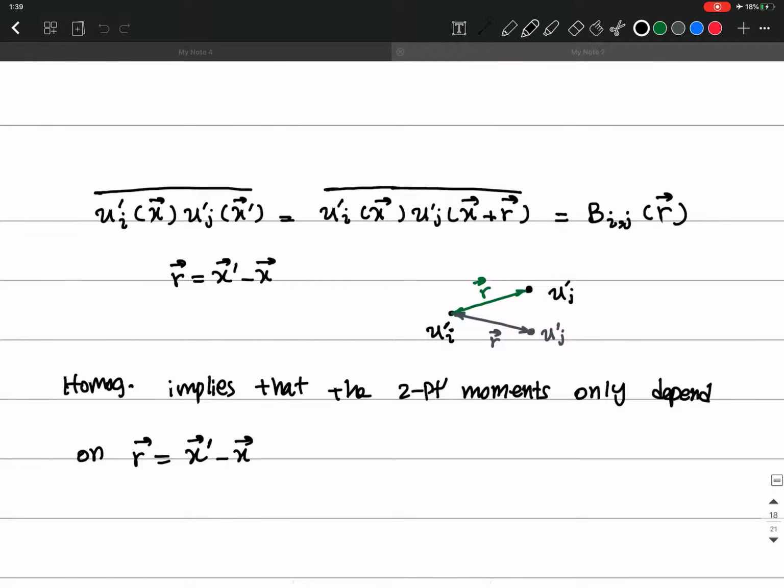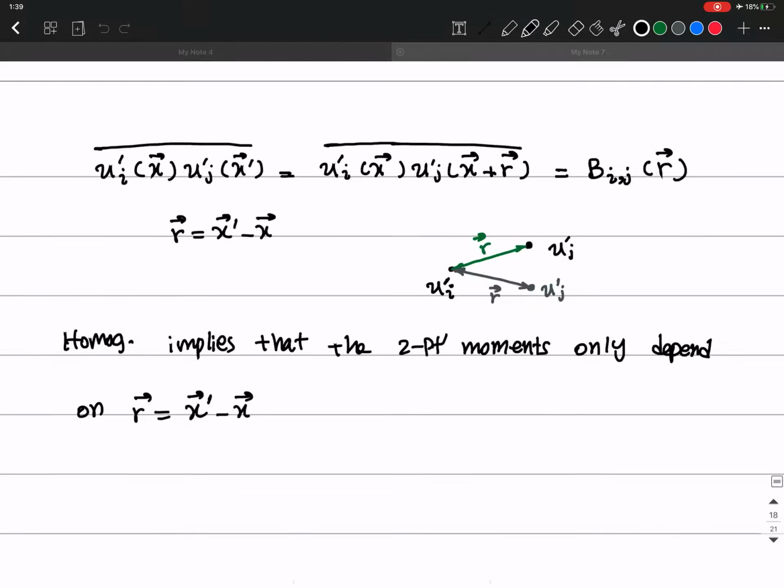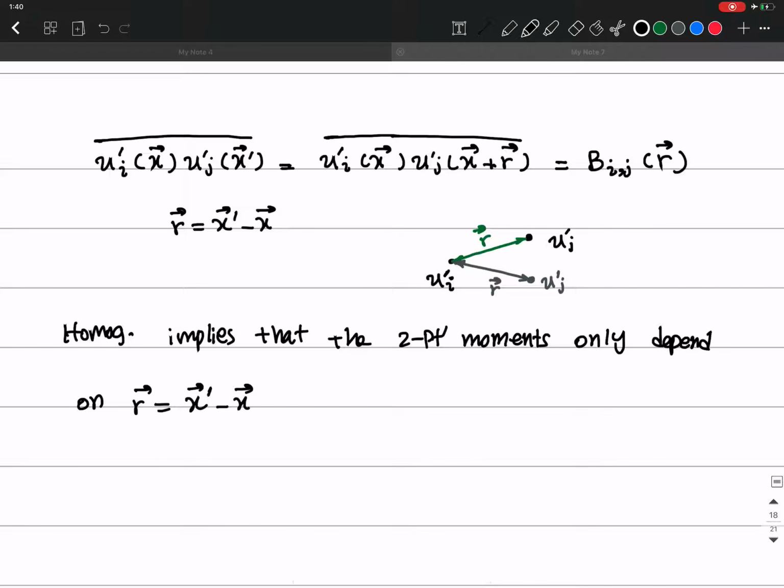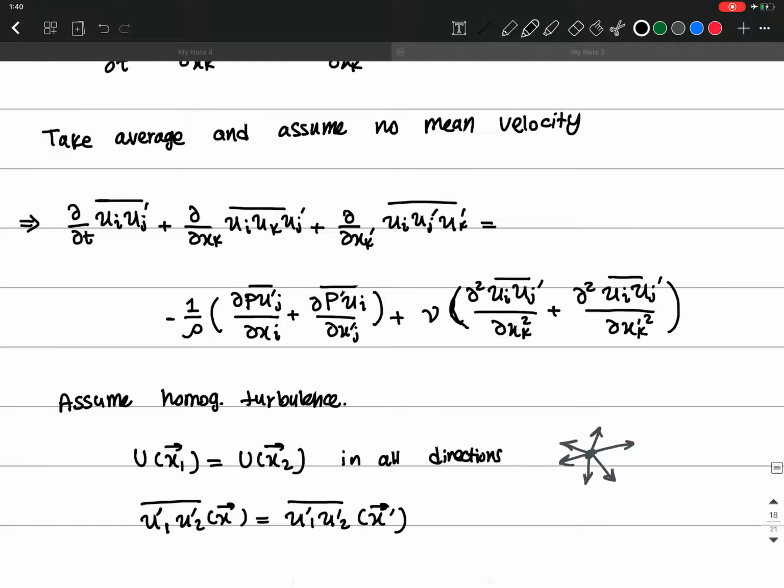So we define two variables and make a change of variables because, as we know, these two second point moments, or two-point moments, in a homogeneous flow only depend on their distance, and it doesn't really matter where they are located. So we can use this property to further simplify our set of equations here, which are pretty complicated.